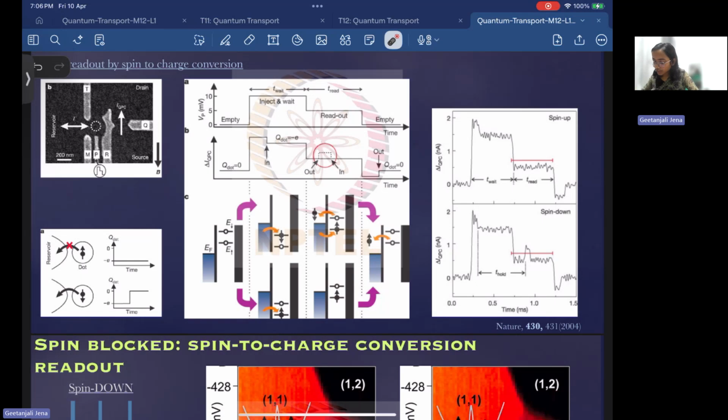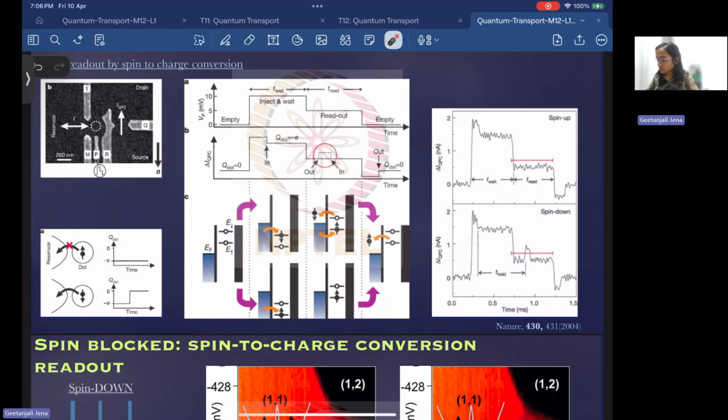So now let us see what is the different signature in the data of the QPC to find out whether it was a spin up state or a spin down state. If you look at these two plots, the first plot is for the case where we record the change in the current in the QPC if you consider that it is a spin up state.